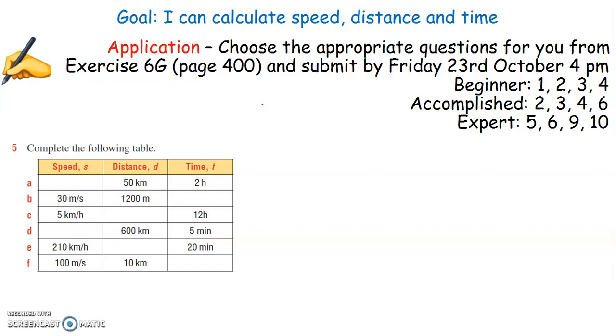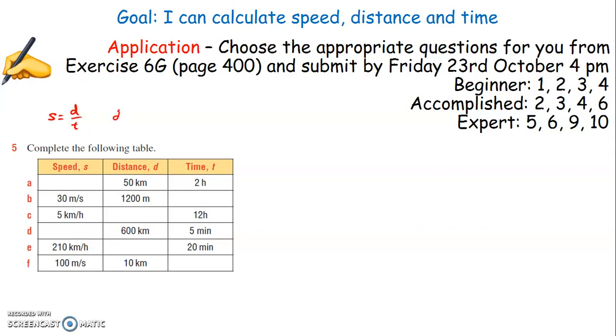Okay, so for this question, for some we're calculating speed, then distance, and then for the others, we're calculating time. Remember that we've got our three equations. The first one is speed. Speed is equal to distance over time.